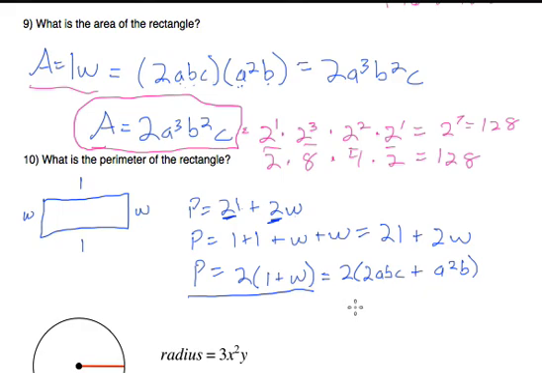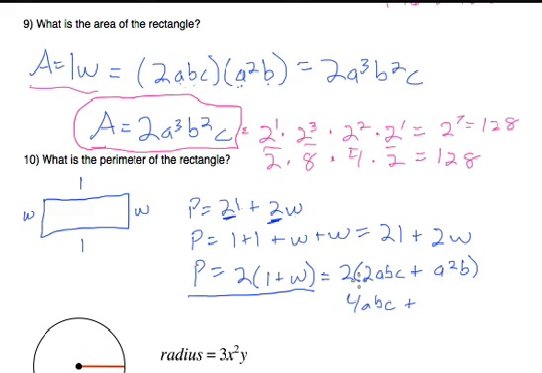And then you just distribute the 2. What's 2 times 2abc? That's 4abc, because you have 2abc 2 times. You can think about, you have abc 2 times, and then you've got all of that 2 more times. So you've got abc a total of 4 times.